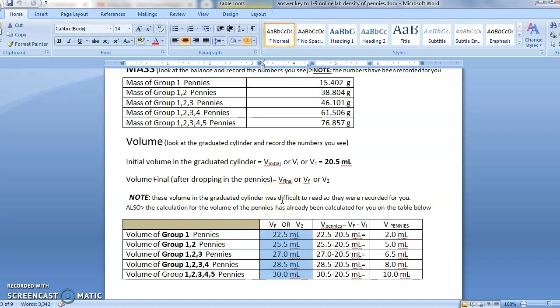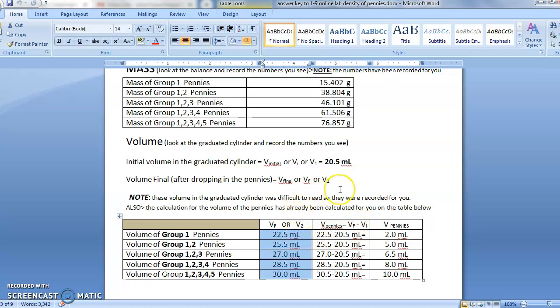Reading the volume in a graduated cylinder, you look at the lowest point of the water. That's called the meniscus. Water takes that little smiley shape in the meniscus, and you read it at the bottom. The graduated cylinder was going up by 1 milliliter at a time. Very often the line was between marks.